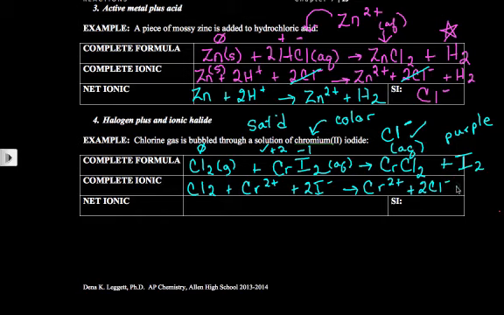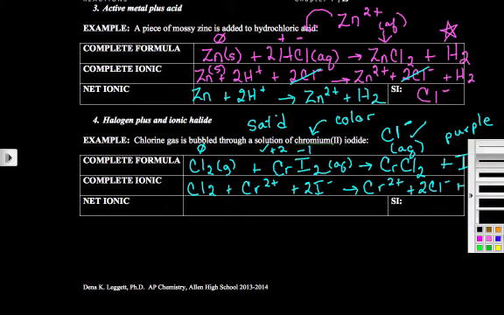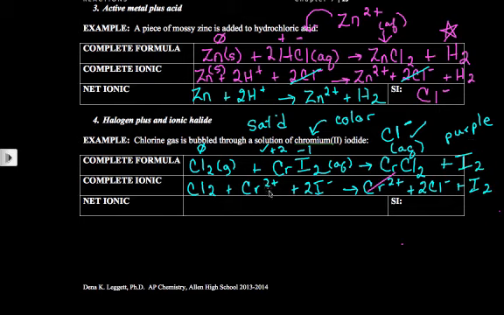Cl minus plus I2. Now, this time, the anions stick around, and it's the cation that was the spectator ion. So we've got Cl2 plus 2I minus going to 2Cl minus plus I2.